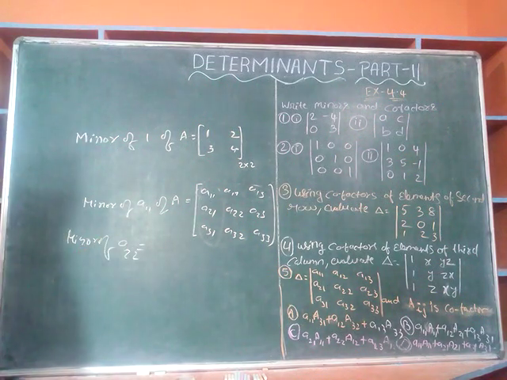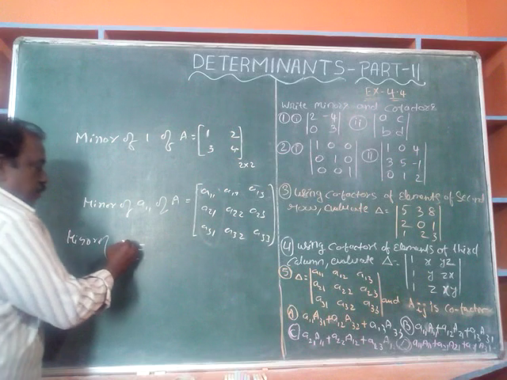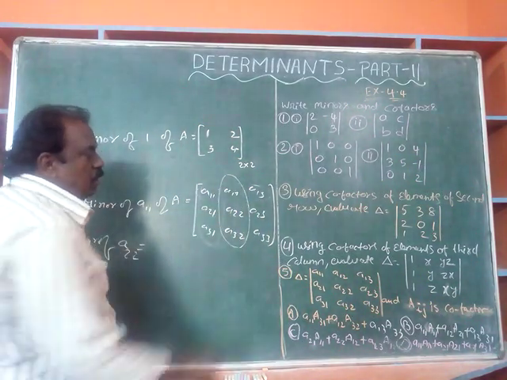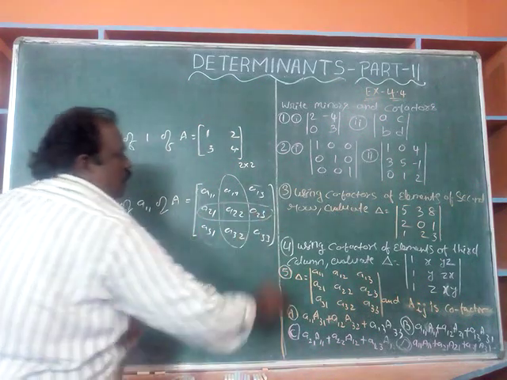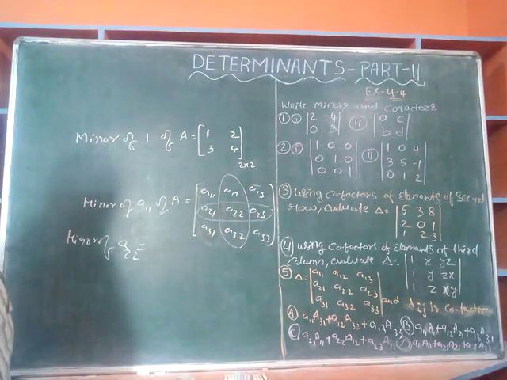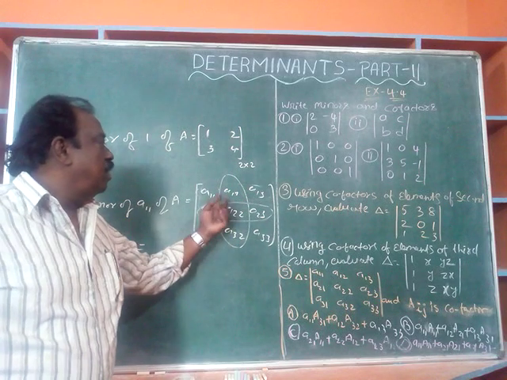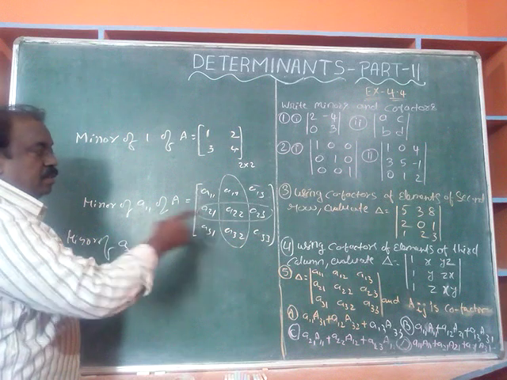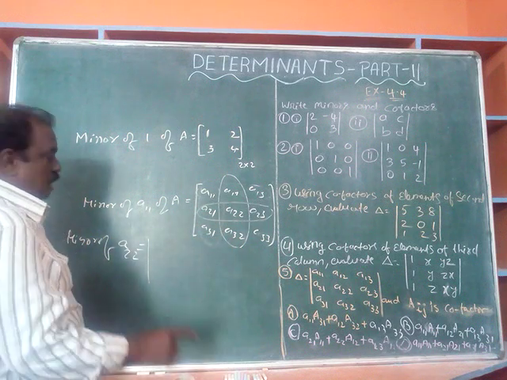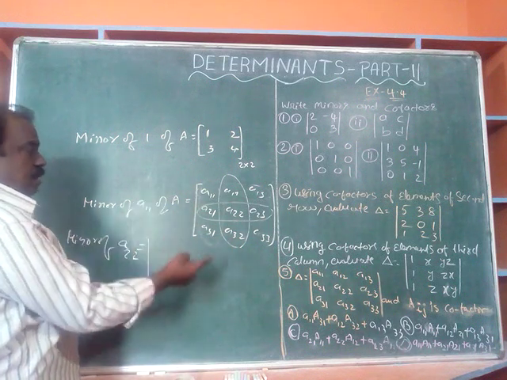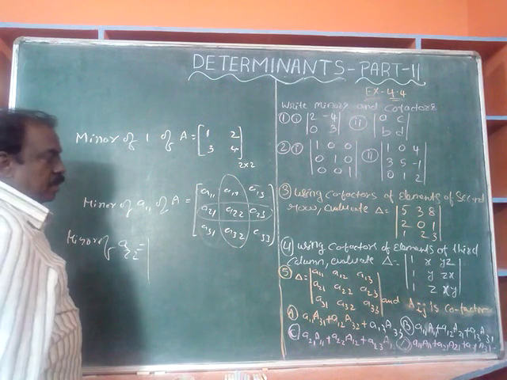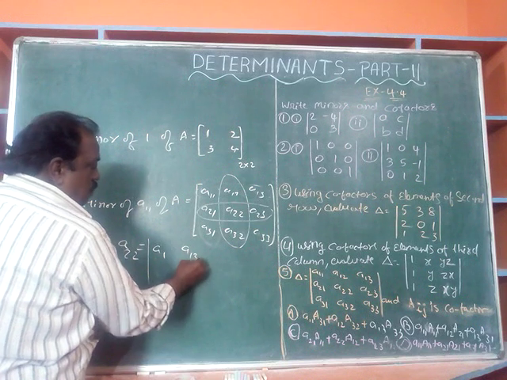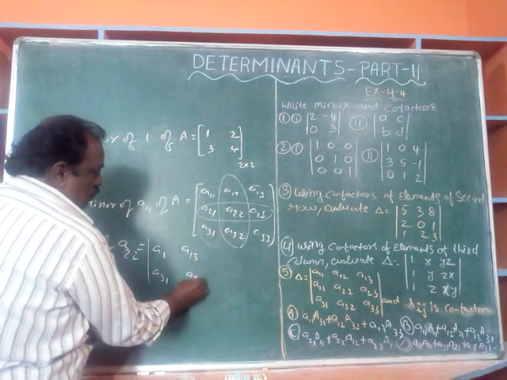Here we are asking the minor of A22. A22 is the element. First you find the row and column where the element lies. Now you delete that row and column. After deleting the ith row and jth column of the particular element for which we are finding the minor, the remaining elements are like this.